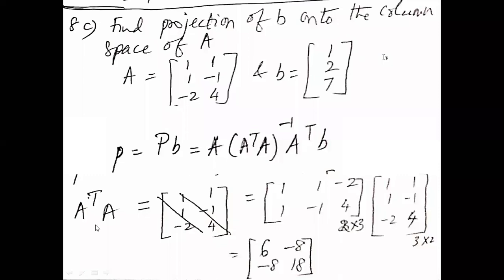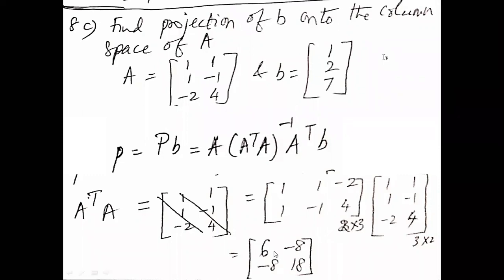We'll have A transpose A. So first find the transpose of A, which is this, and then multiply that with A, which is this. And this multiplication should be easy, so that answer you get as 6, minus 8, minus 8, 18. The next step will be to find A transpose A inverse. So once you have A transpose A, you can find its inverse.